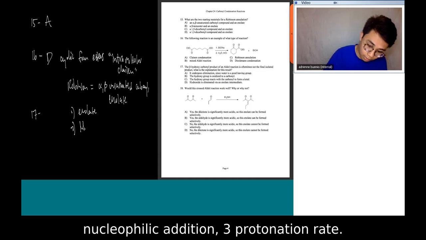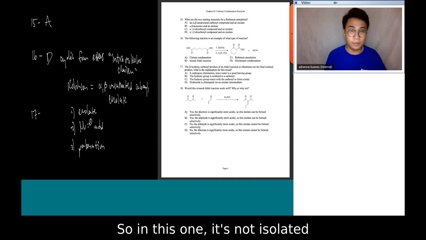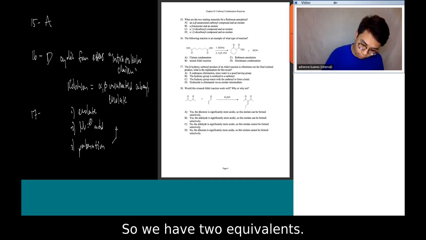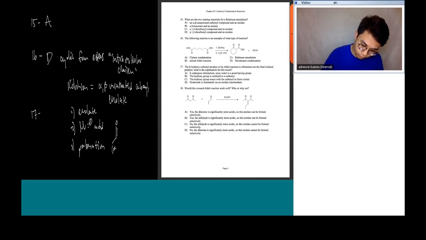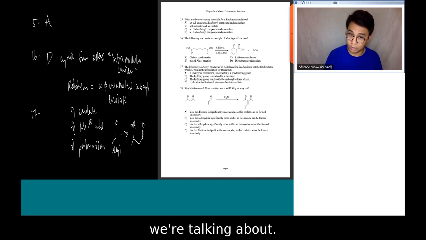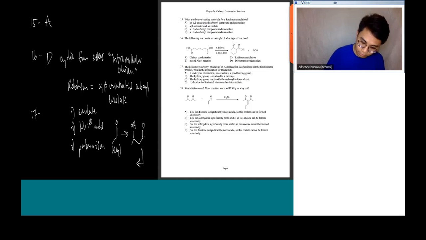Two, nucleophilic addition. Three, protonation, right? In this one, it's not isolated. So we have two equivalents, and you end up with this OH, and this is the intermediate they're talking about. This is in the product, and the product is this, right?